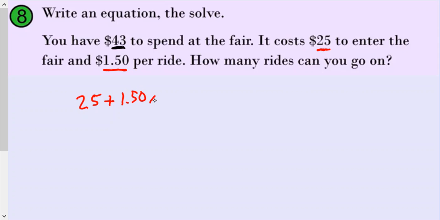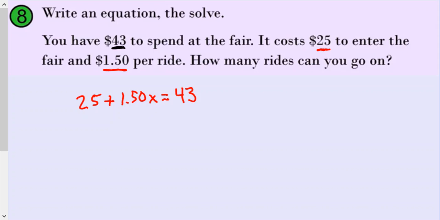We can use x for the number of rides that we're going to go on, and it equals, it cannot go over $43. So it's $25 to get in, and then it's going to cost us $1.50 for the number of rides that we go on, and we have $43 total. So we want to figure out how many rides we can go on.